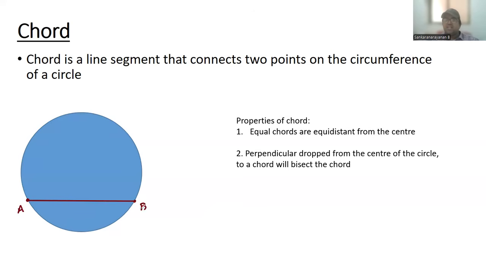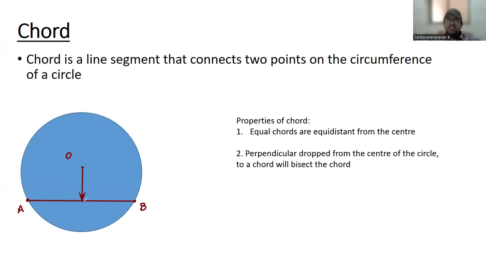B is also lying along the circumference of the circle. Let me consider that O is the center of the circle. Please note, the perpendicular that I have dropped from the center of the circle to this chord AB is going to bisect the chord. What does that mean?